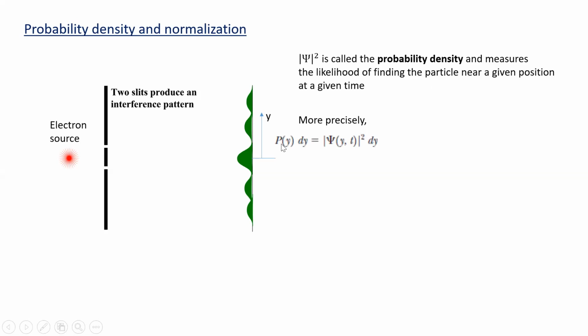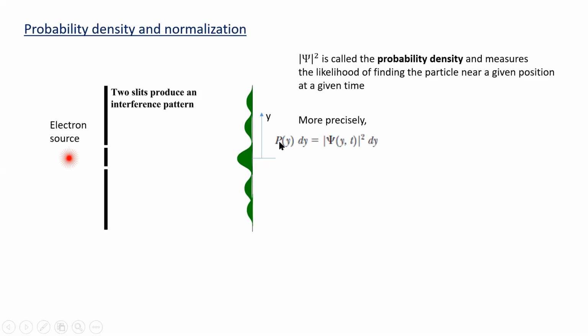More precisely, what we would write down is that P of y dy, where P is the probability density as a function of y, and dy is a small interval, is equal to psi as a function of now y, since it's the vertical direction, and t, squared, times dy. So we can see that psi squared is playing the role of the probability density. What does probability density mean?